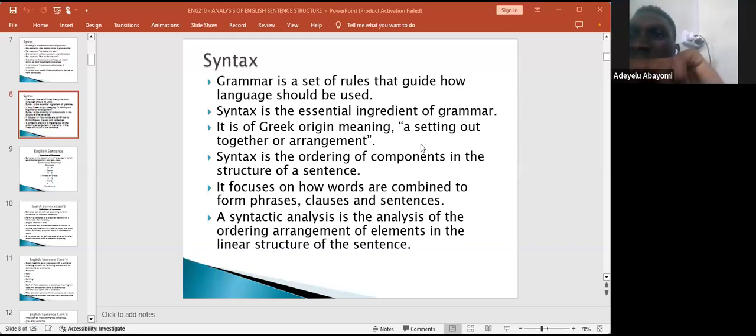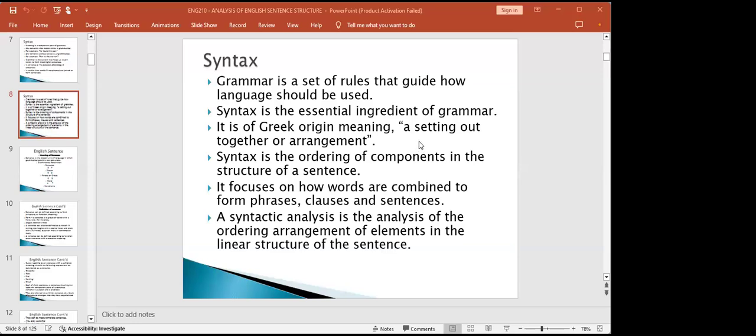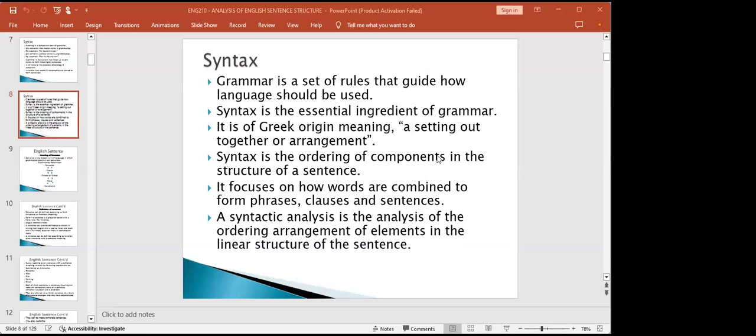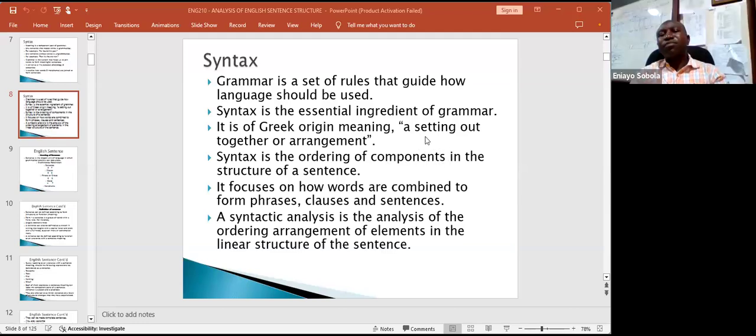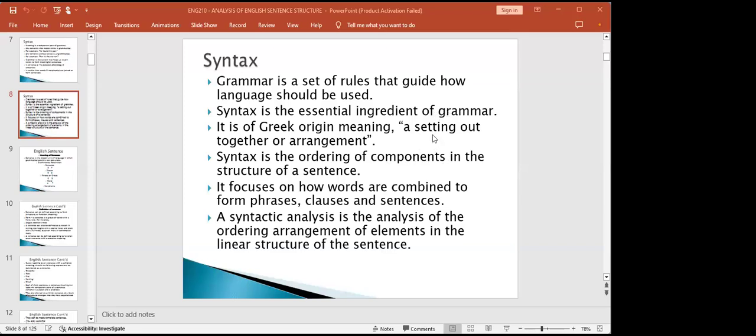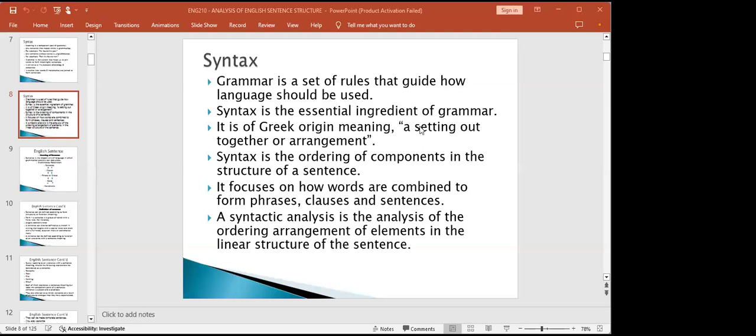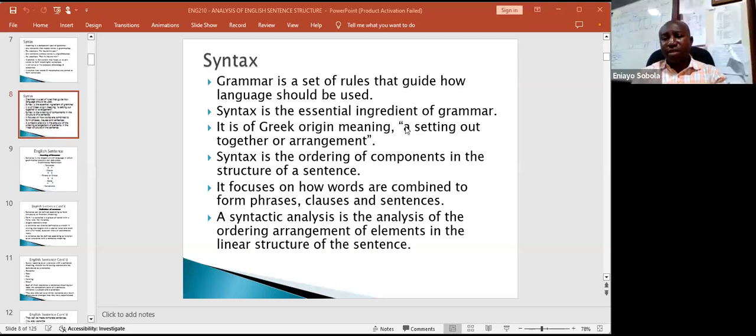Sir, can we get the slides for the class? Yes, I mean, can we get the slides you used? Something will still be done. By the time LMS is open, we need to upload it on LMS. So you are expected to go there to study the slides.